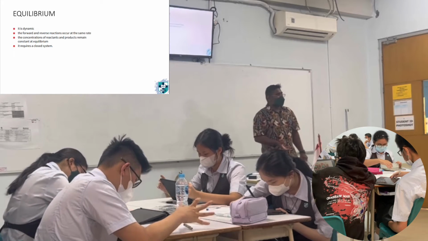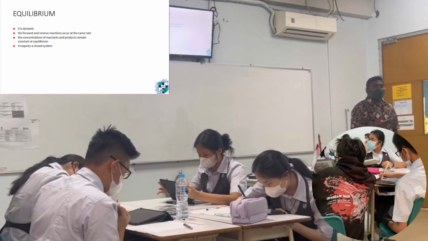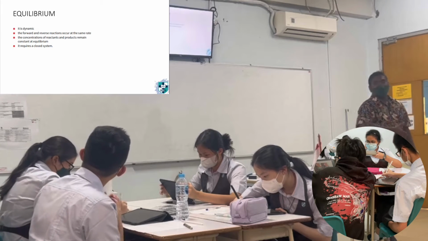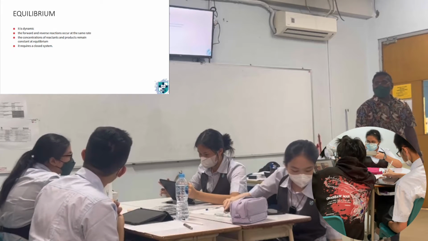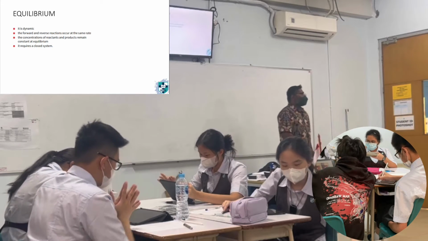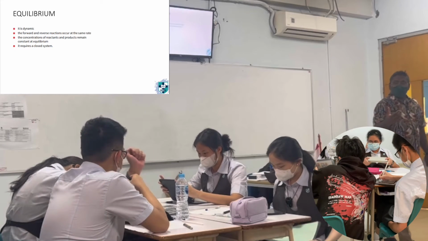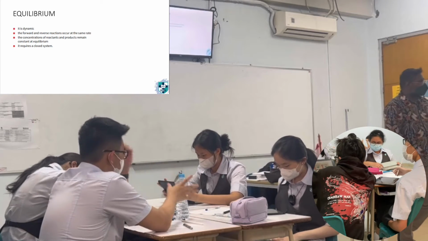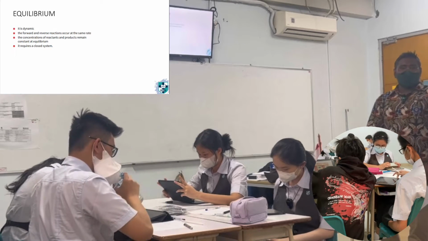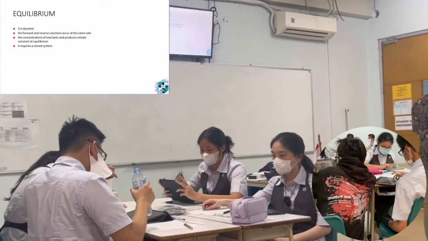The concentration in the reversible reaction is going to remain constant. Constant does not mean the same. They are not changing. And it requires a closed system. Now, in activity number 1, can you identify which one is not in the closed system? Kathleen?